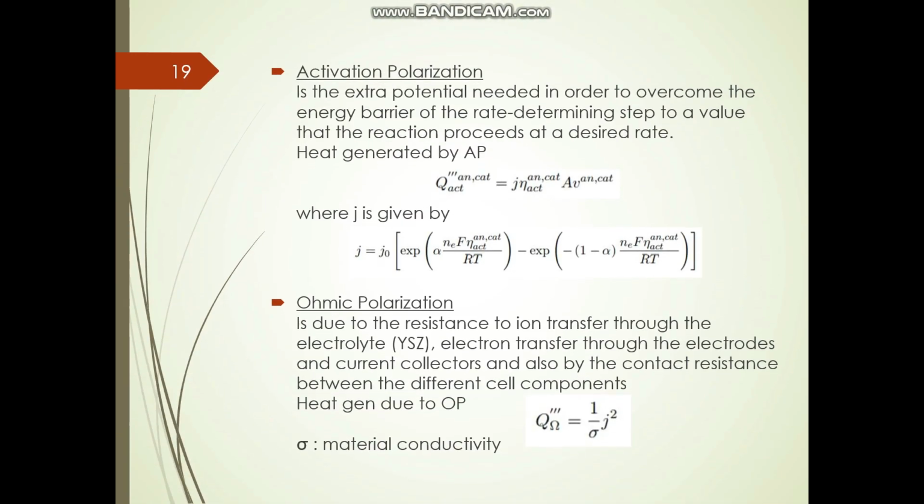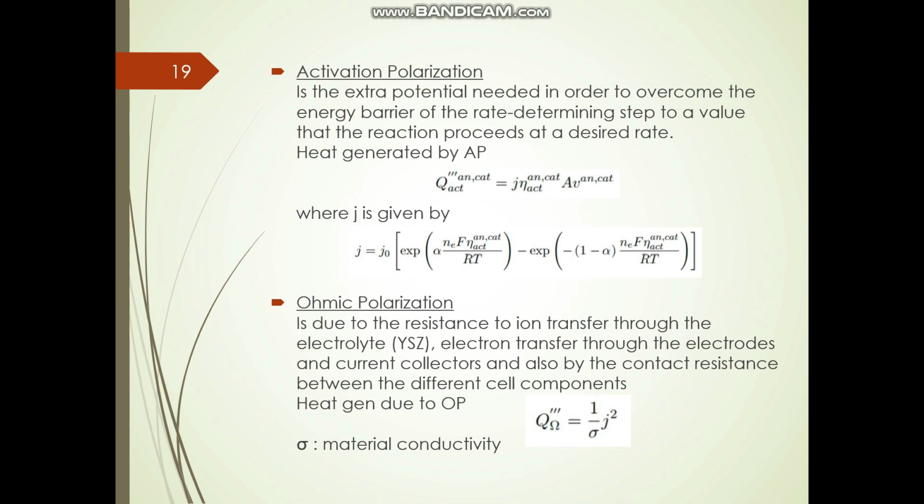Second is activation polarization, which is the extra potential needed to overcome the energy barrier of the rate determining step so that the reaction proceeds at a desired rate. Heat generated per unit volume is given by the expression shown. Also, the relation of current density is given in this slide.